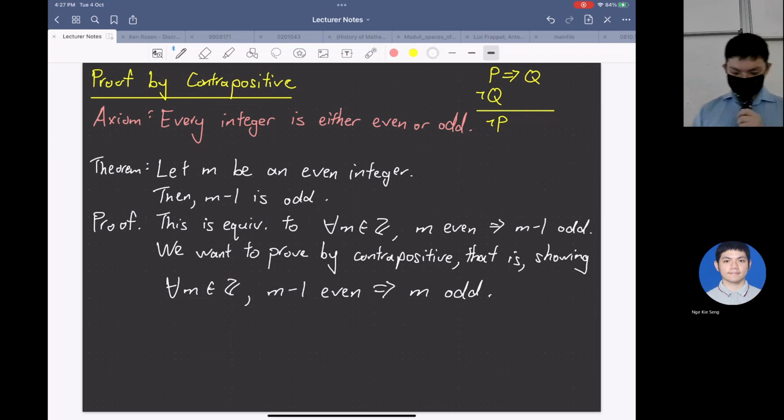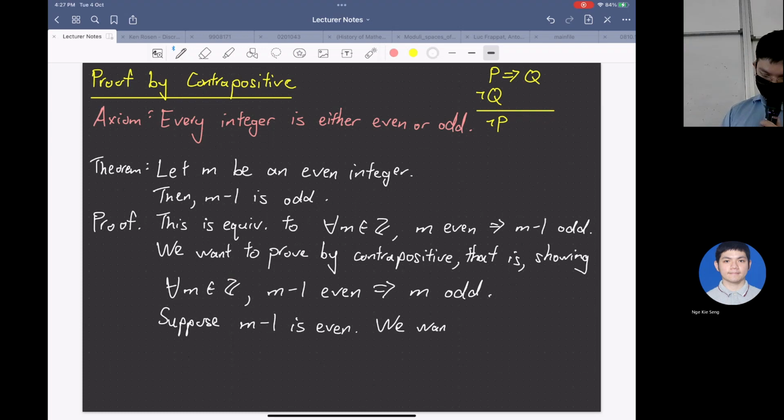Okay, this is contrapositive, right? So I negate and then change the direction. Okay, so we start with: suppose m minus 1 is even. We want to show m is odd.